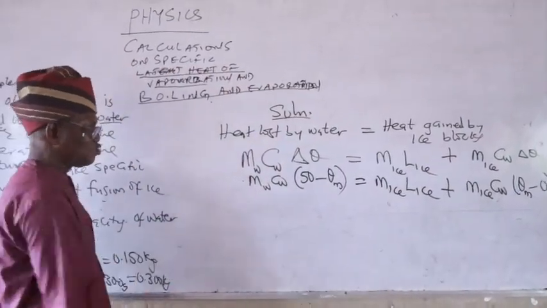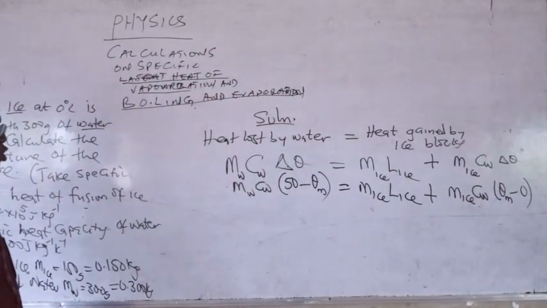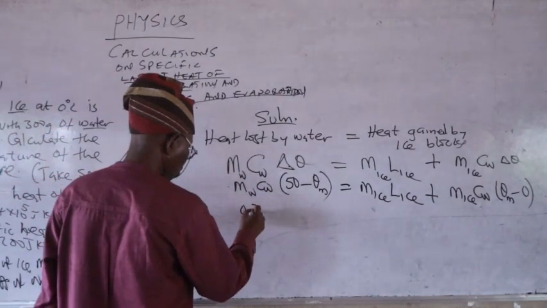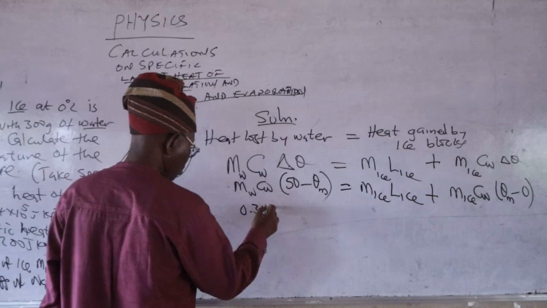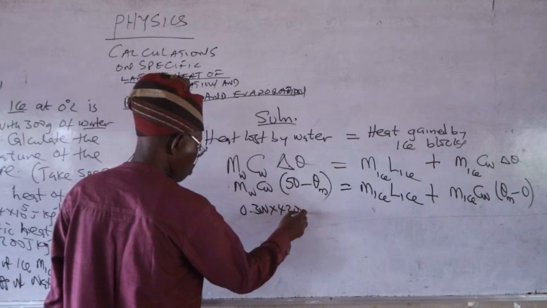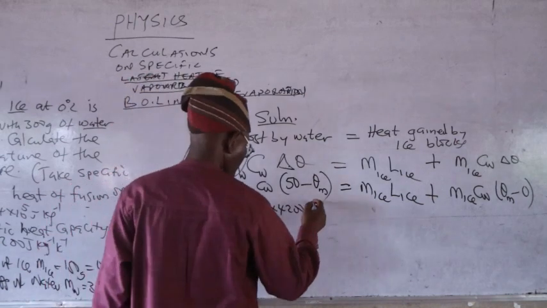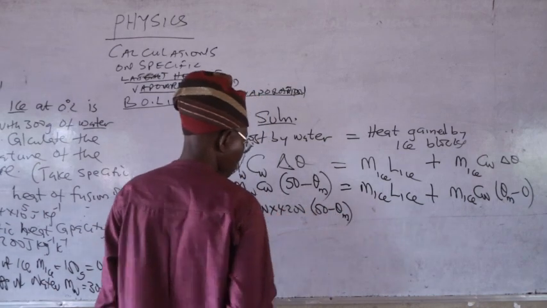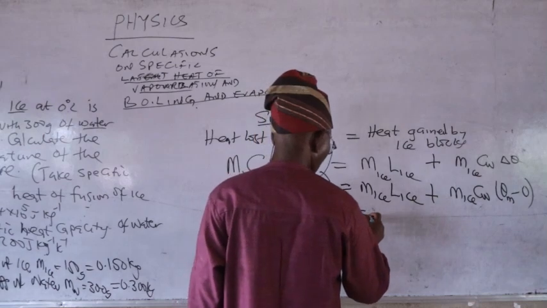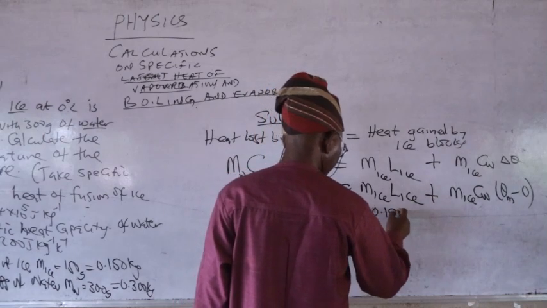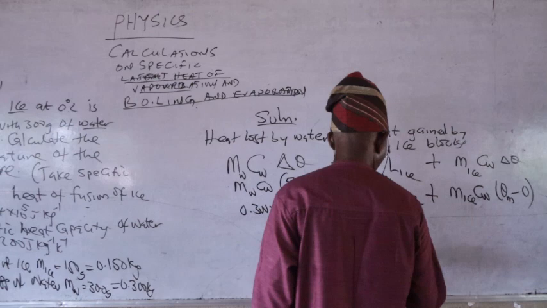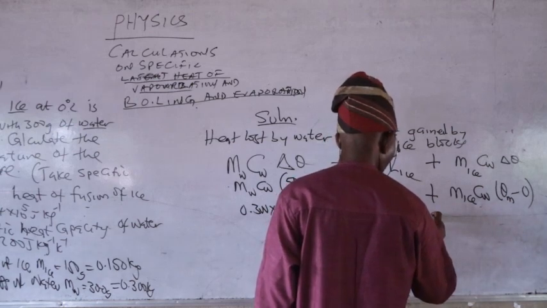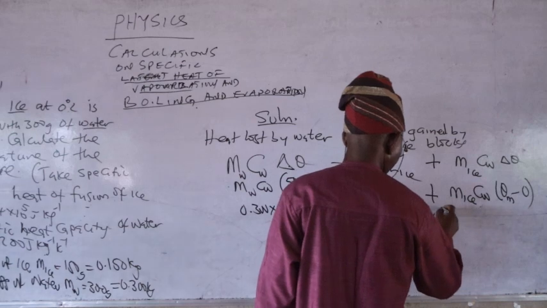Once you have written this, what else? You substitute for what you are given. We are given mass of water to be 0.300 times 4,200 into 50 minus theta m, and equals mass of ice, 0.150, times the latent heat, which is 3.34 times 10 raised to 5.